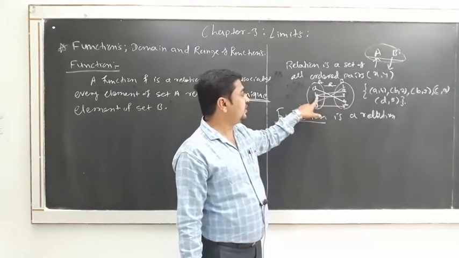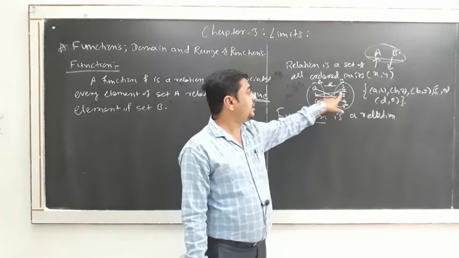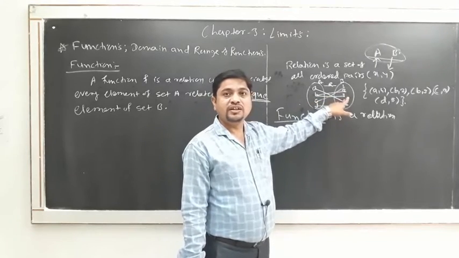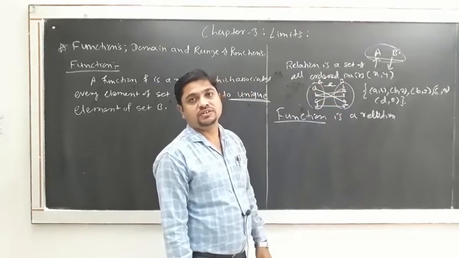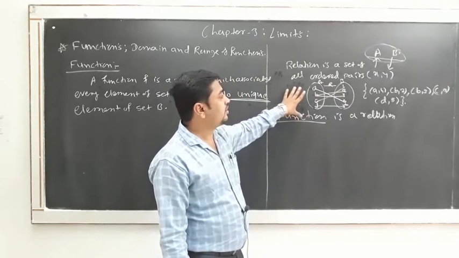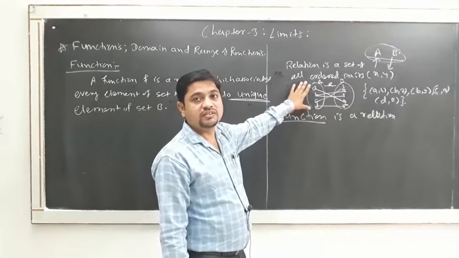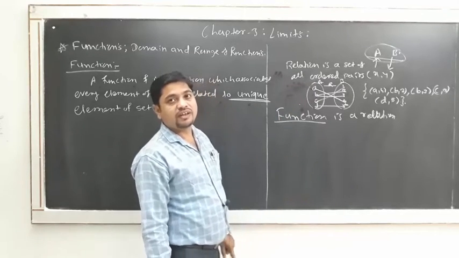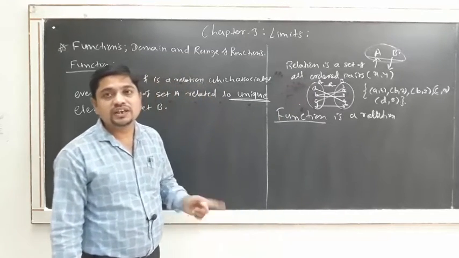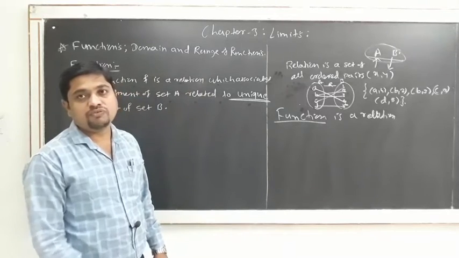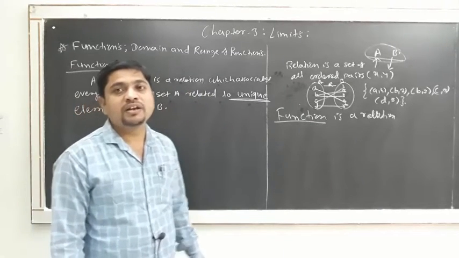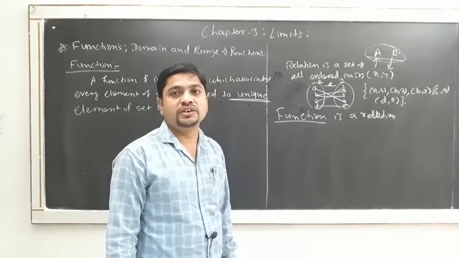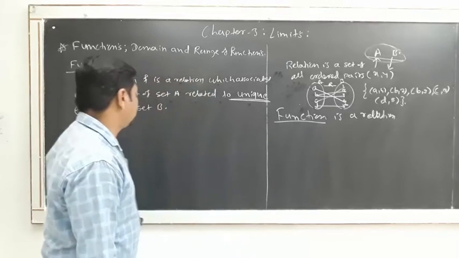Here b is related to 2 and b is related to 3, therefore it is not a function. This relation is not a function. That means every function is a relation, but every relation is not a function.